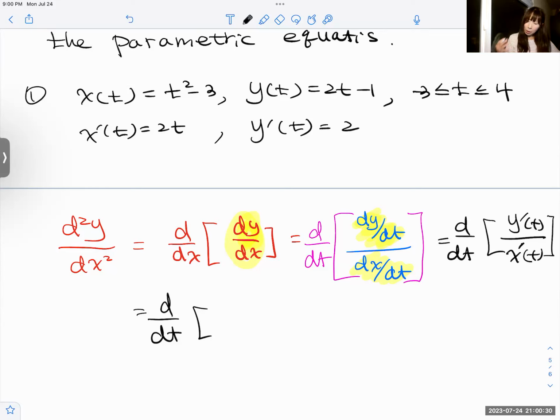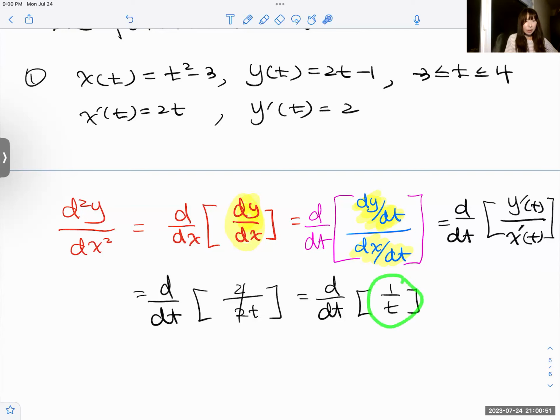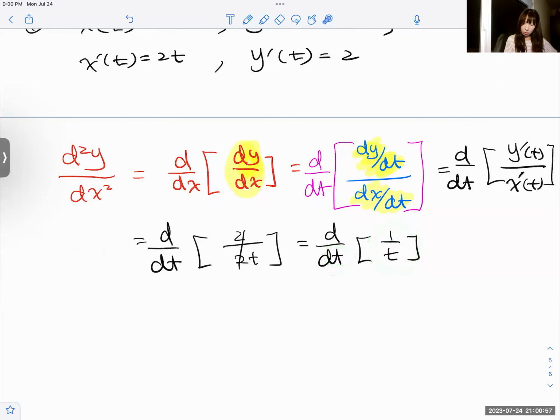So y prime of t is 2 over x prime of t, which is 2t. So we get 1 over t, right? Okay, now we want the derivative with respect to t, right?